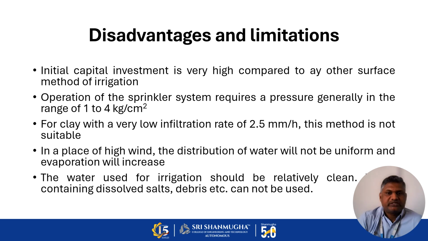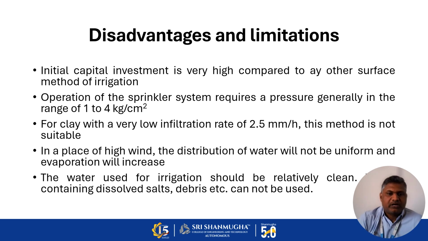Some of the disadvantages and limitations: the initial capital investment is very high compared to any other surface method of irrigation. Operating the sprinkler system requires a pressure generally in the range of 1 to 4 kg per centimeter square. For clay with a very low infiltration rate of 2.5 millimeter per hour, this method is not suitable, since infiltration is very low and water stagnation on the soil will take place.